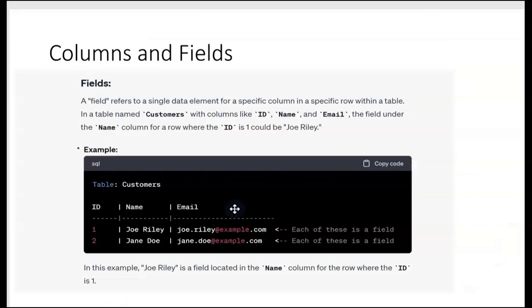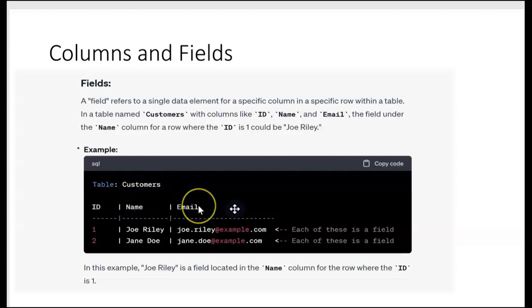All right, we talked about the rows. What about the columns and fields? Well, a field refers to a single data element for a specific column in a specific row within a table. So here's a table named customers with columns like ID, name, and email. Notice how ID is a separate column than name.